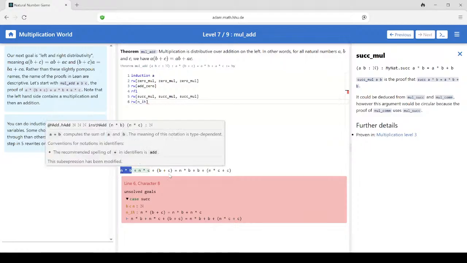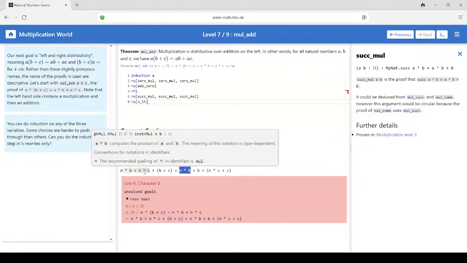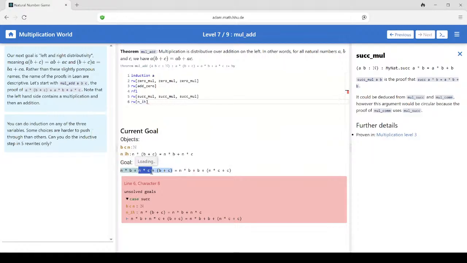We have, at least we have n times b on both sides, but then it immediately breaks down.